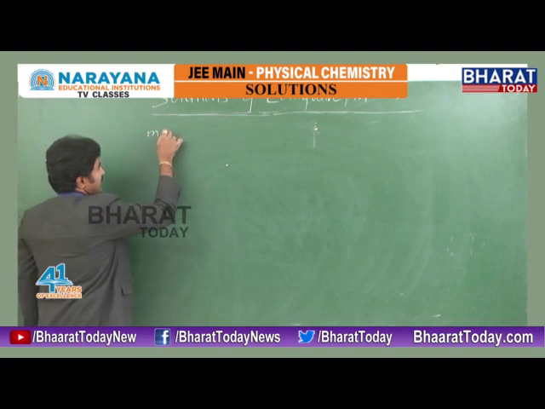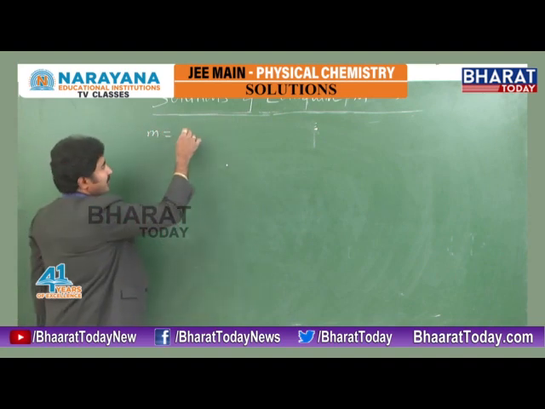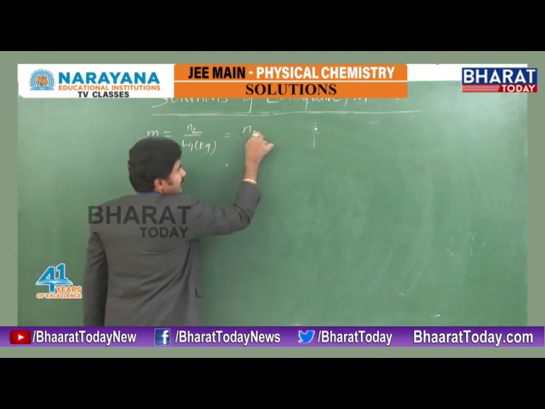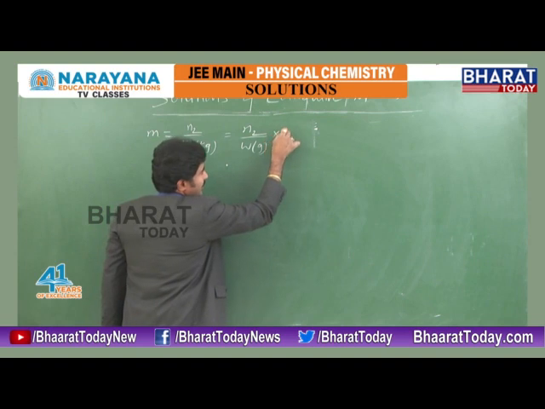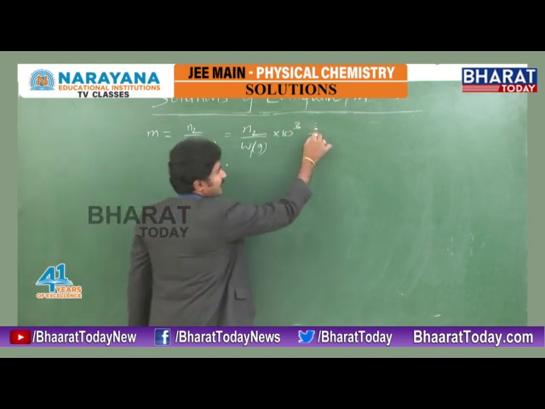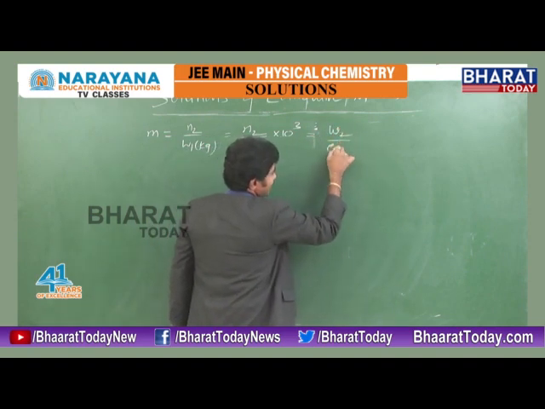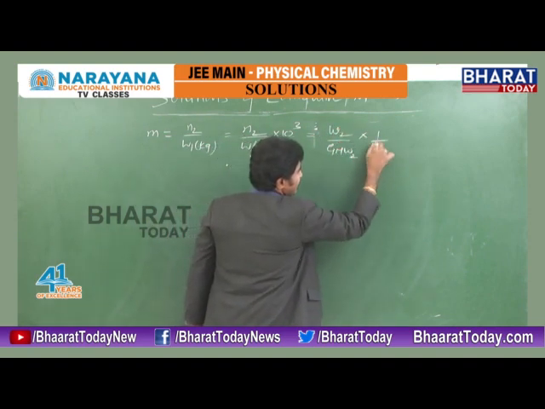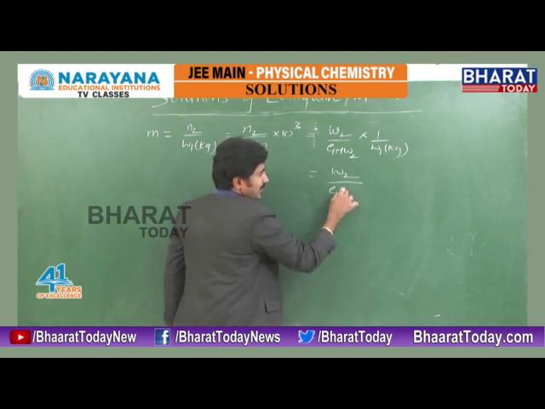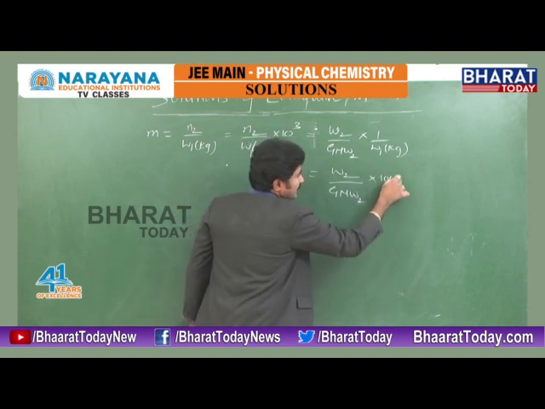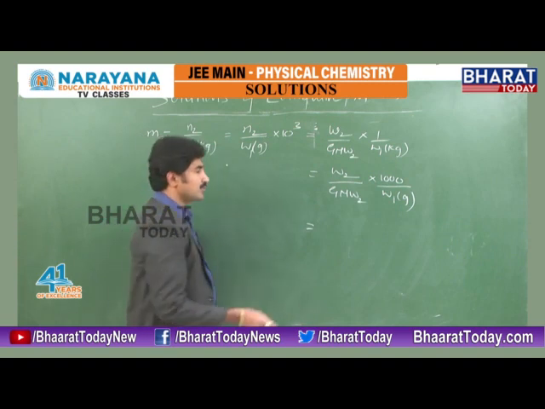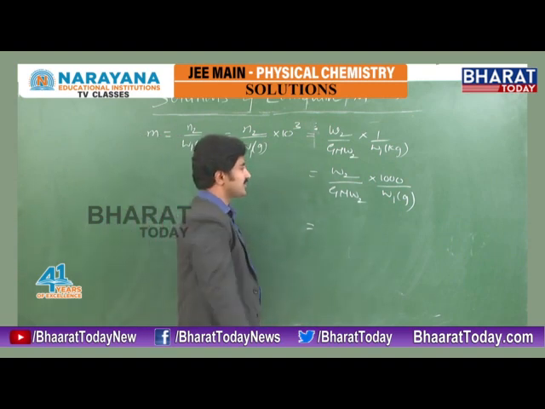Okay, the molality expression is m is equal to, as per definition, number of moles of solute by W1 in kg. If you convert this into grams, it is N2 by W1 in grams into 10 cube. If you write in terms of weights, this is W2 by gram molecular weight of the solute into 1 by W1 in kg, or this is also written as W2 by gram molecular weight of the solute into 1000 by W1 in grams. But we know the weight of the solution is equal to weight of the solute plus weight of the solvent.